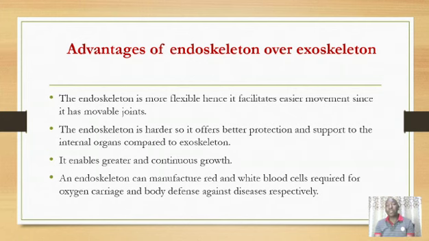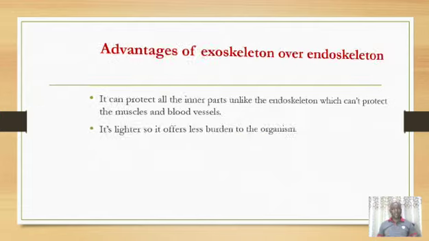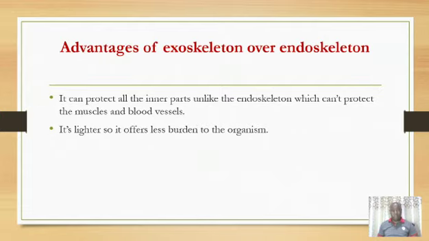However, the exoskeleton also has some advantages over the endo. We look at these. The exoskeleton, the one outside, protects all the inner parts of the organism, unlike the endo. Remember, the endo is inside, while other body parts are outside it.